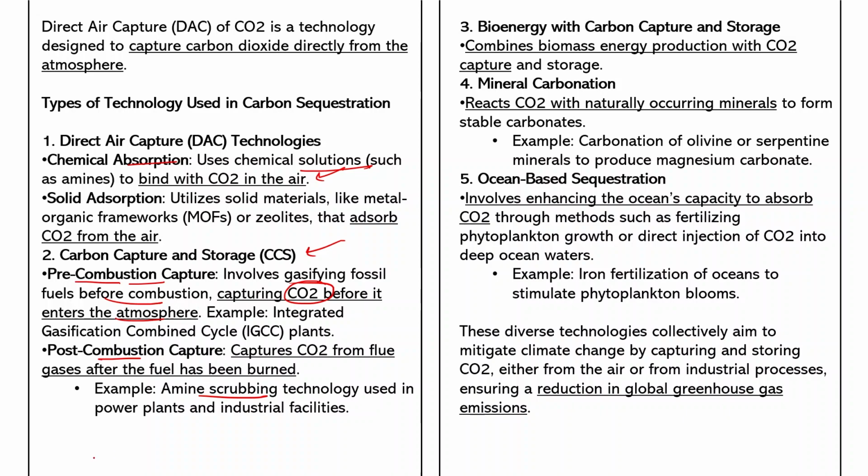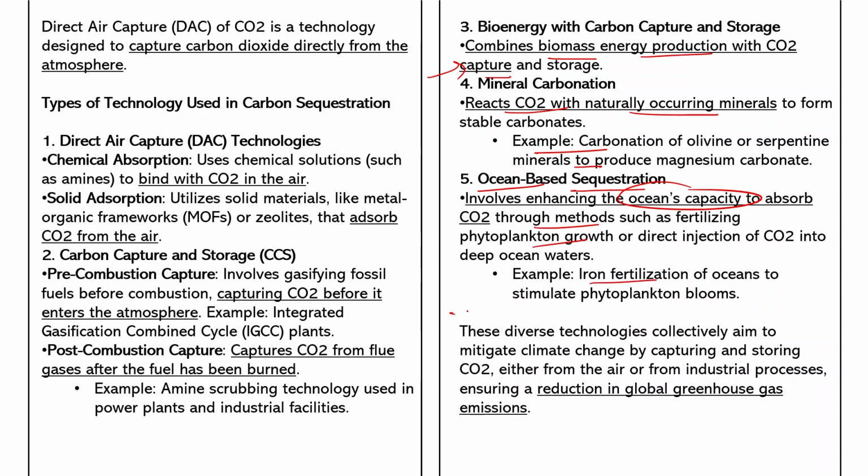So all these are different ways of carbon sequestration. Then there is bioenergy: you can combine biomass with CO2 capture. Then you can react CO2 with naturally occurring minerals, right? Examples are given for you. Then you can use ocean based sequestration, where the ocean is absorbing the carbon dioxide. There are different methods for that, for example ocean fertilization, right?